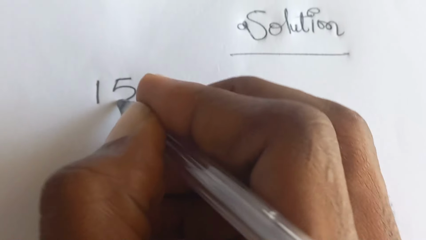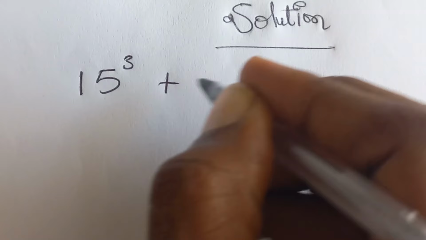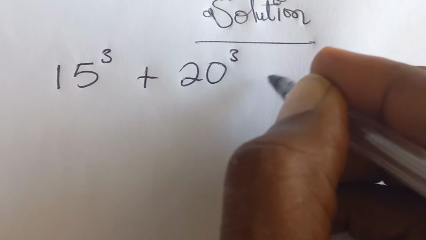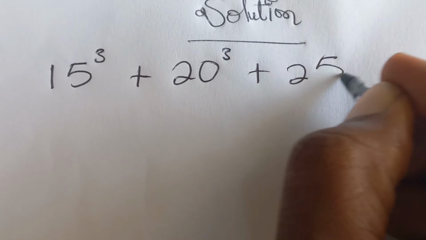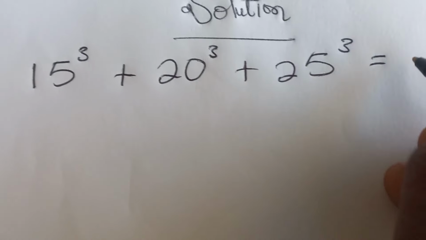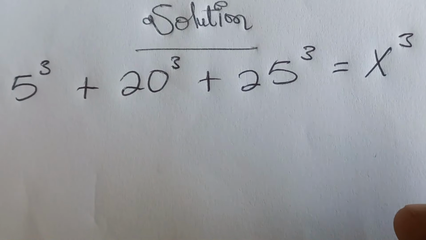So we have 15 exponent 3 plus 20 exponent 3 plus 25 exponent 3 is equal to x exponent 3.